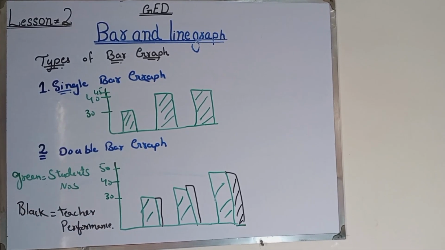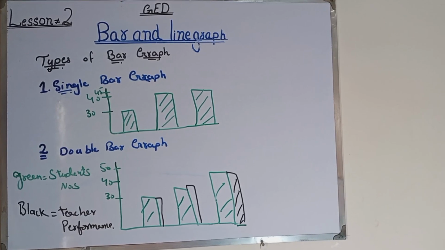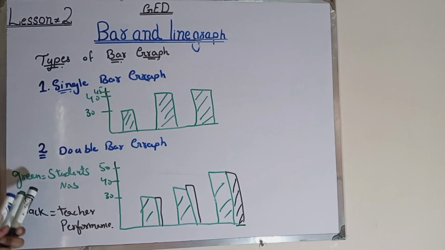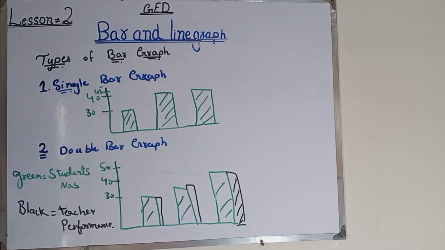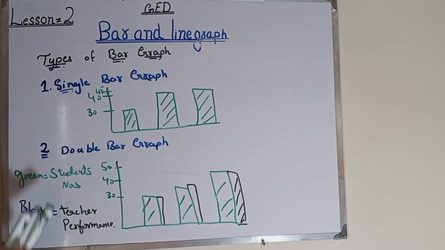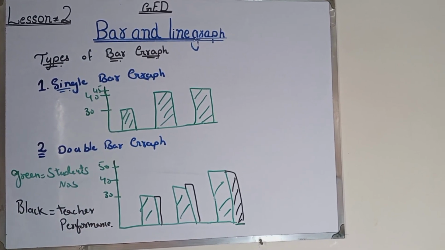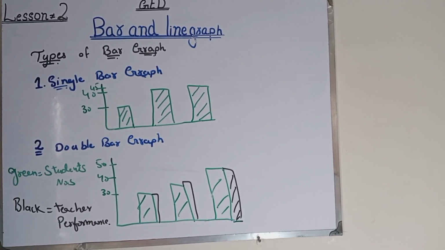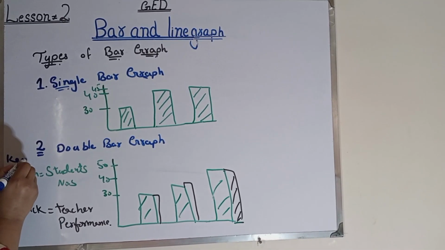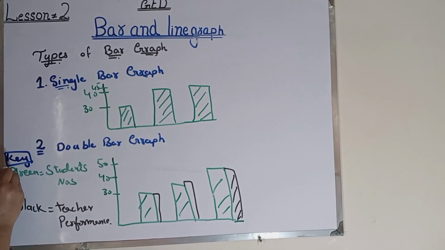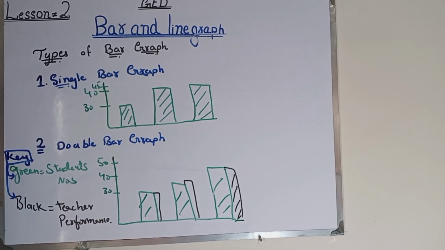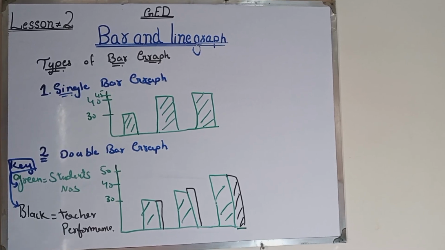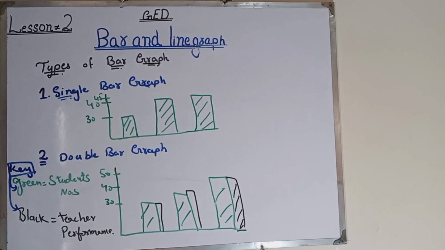So for double bar graph, we use two colors, compare two groups, students numbers and teacher performance, and there is a key that displays the colors, and it is mainly the key which tells you green color for what and black color for what. Next, a key tells us what each color represents, as I described earlier.